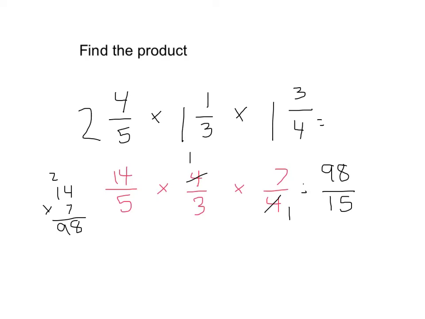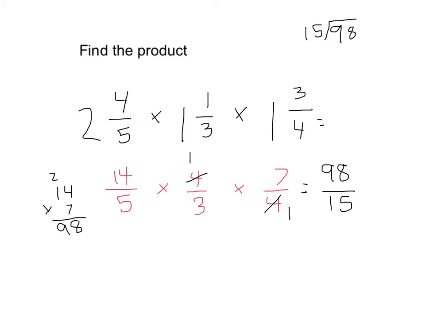Now, once again, I've got to change this into a mixed number. So this fraction right here is 98 divided by 15. I'm going to take 98 and divide it by 15, and I'm going to guess to myself how many times 15 goes into 98.